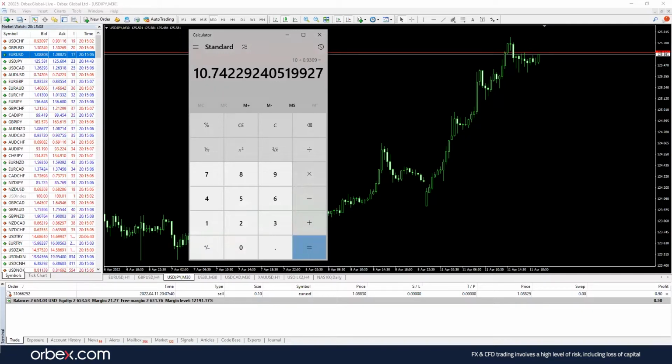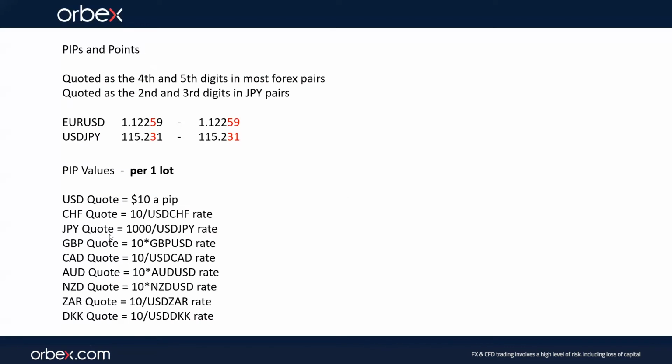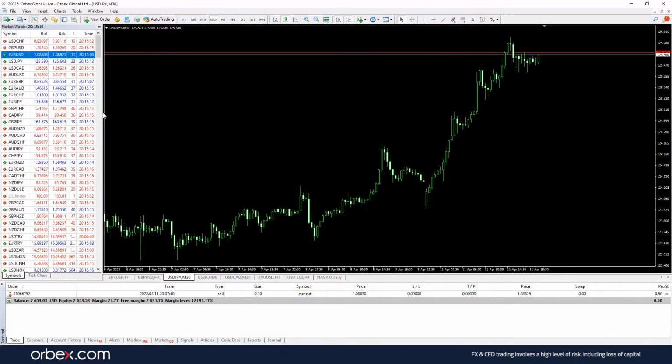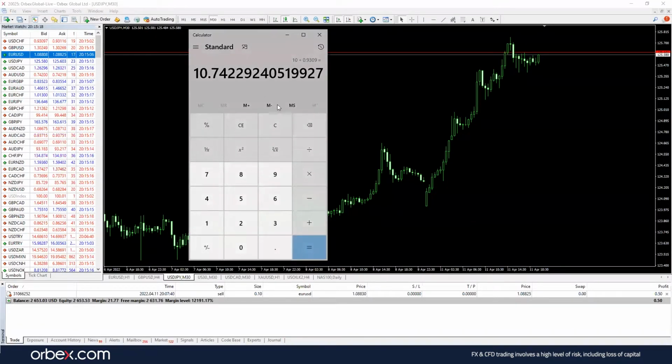Let's take a look at another one. So yen, 1,000 divided by the dollar yen rate. Let's just take another look at this. So we've got 1,000 divided by the dollar yen rate, which is 125.58 approximately. So there you go, approximately $7.96 per lot.